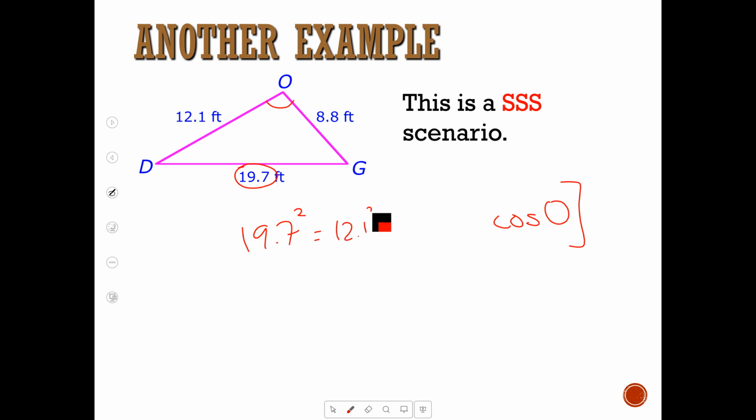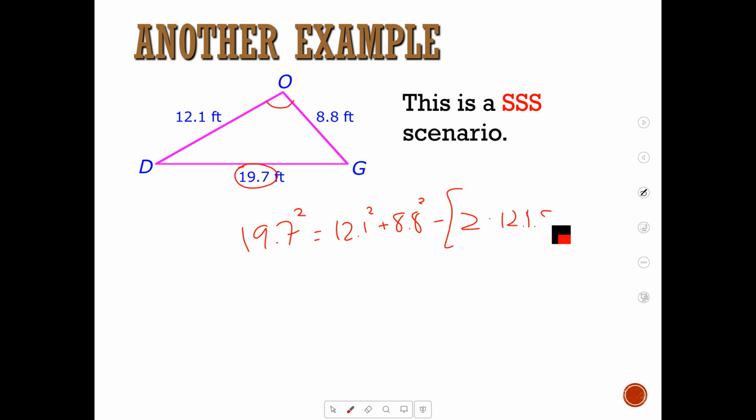All right, then I've got 12.1 squared plus 8.8 squared minus, parentheses, I don't have enough room, 2 times 12.1 times 8.8 times the cosine of O. Okay, so there's the setup. And you can tell already that that's not going to be fun.